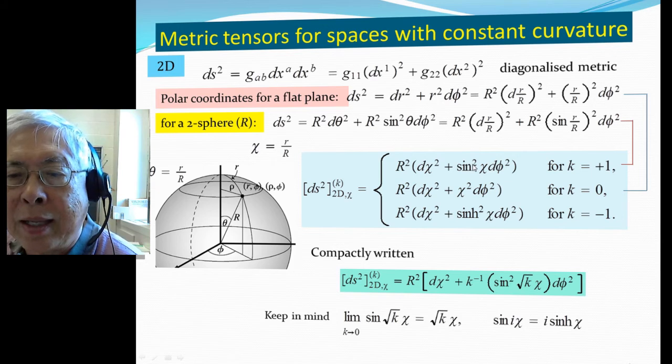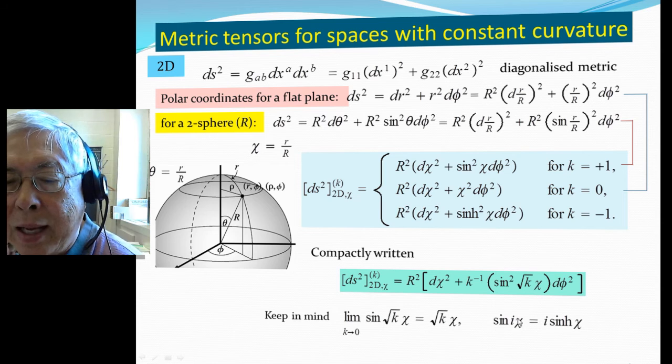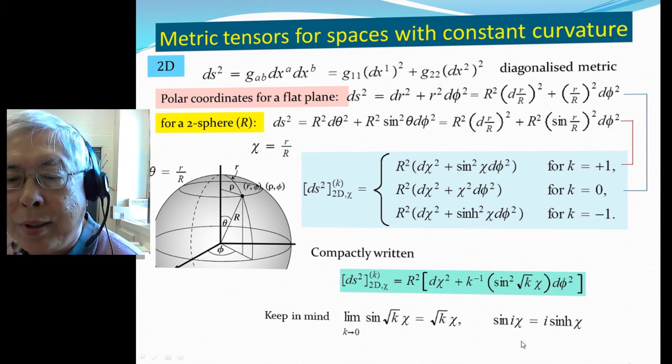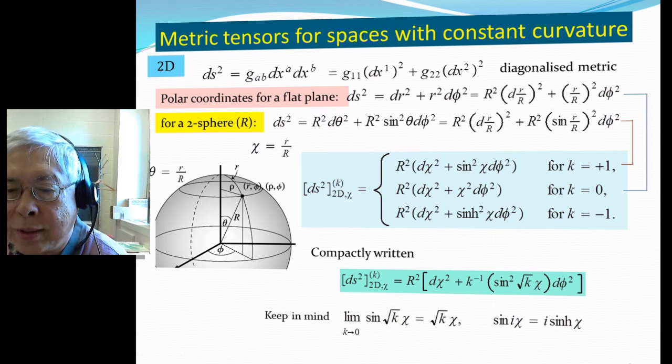For k equal to 1, this is obviously true. But for negative curvature, k equal to minus 1, the square root of minus 1 is equal to i, and the sine of i chi is equal to i times hyperbolic sine. Because you have a sine squared, like a minus 1, it just cancels the minus 1 coming from 1 over the curvature signature, minus 1, in the denominator.